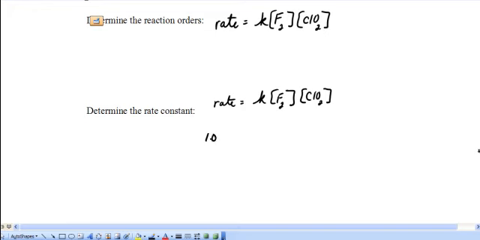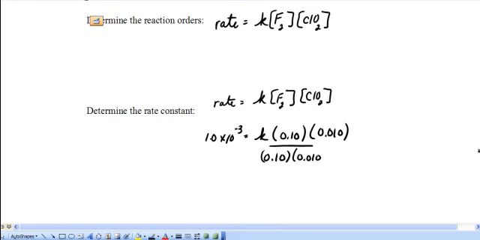The rate is 1.0 times 10 to the negative third. That's going to equal K times 0.10 times 0.010. And now when I divide both sides by those two quantities, of course these terms divide out, K then is going to simply equal 1.